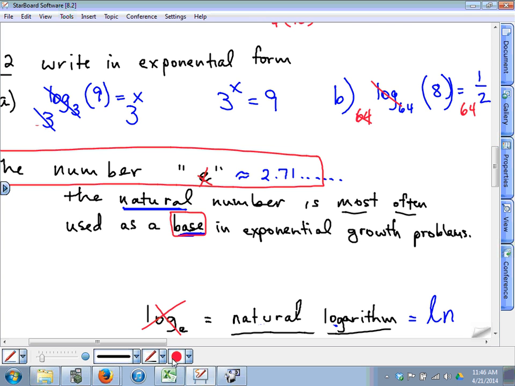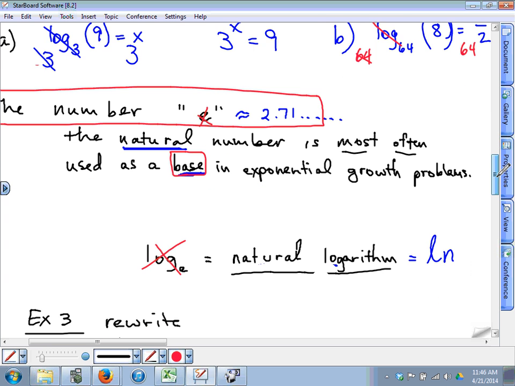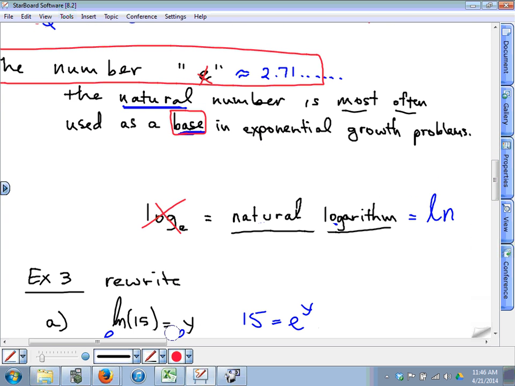The reason it's LN is logarithm is Latin, and like Spanish and French, the adjective comes after the noun. So some of the problems on your homework are going to involve natural logarithm, like this one here.